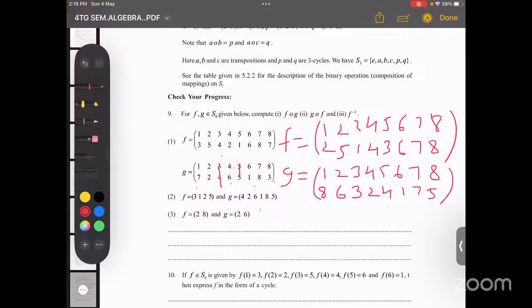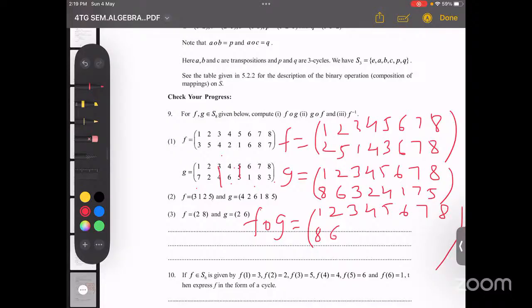Okay. So if you find F circle G, F circle G means we have to compare first G. 1, 2, 3, 4, 5, 6, 7, 8. Okay. So G: 1 to 8, 8 to 8. Next 2, 2 to 6, 6 to 6.